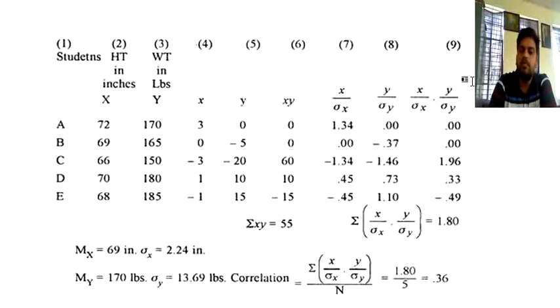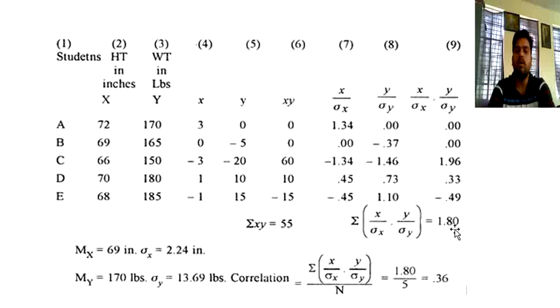Then you have to multiply these two values, x by sigma x into y by sigma y, for each value. You have to multiply this to this, this to this, and do it for all these values. Then you have to add these values, that is the summation of x by sigma x into y by sigma y. Adding all these values, you will have 1.80.